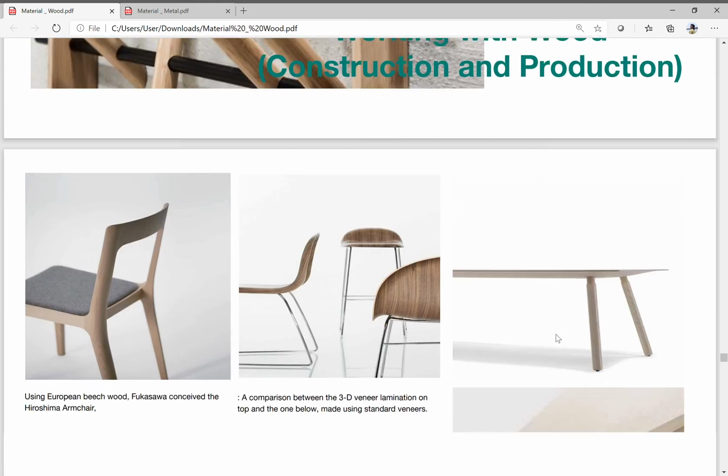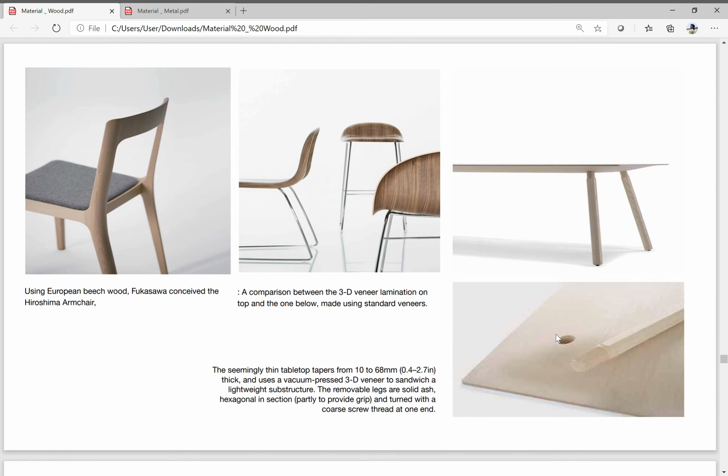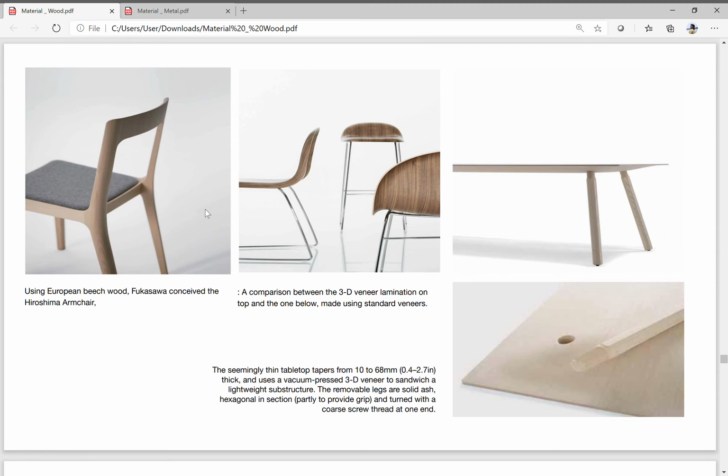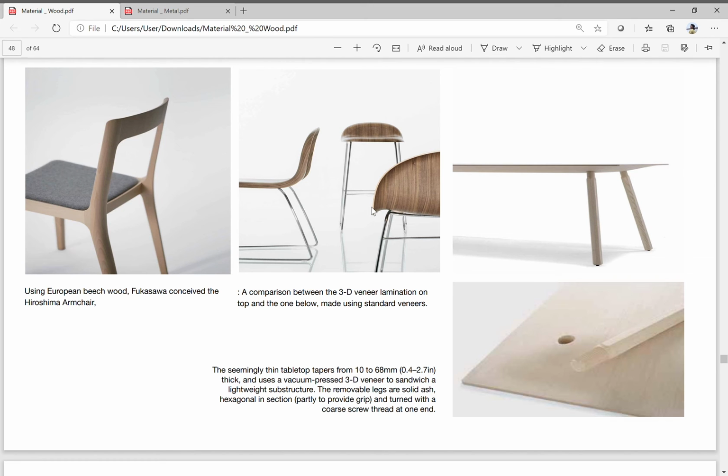We're just going to be discussing briefly the wide variety of applications of wood. So you have this European beech. I think this is using the beech wood. This is, I think, bent. This one is a 3D veneer lamination.